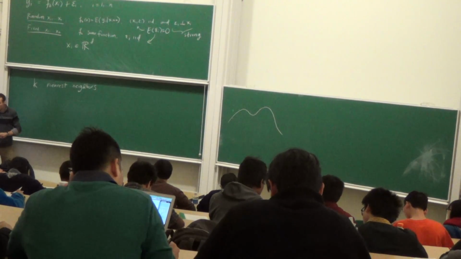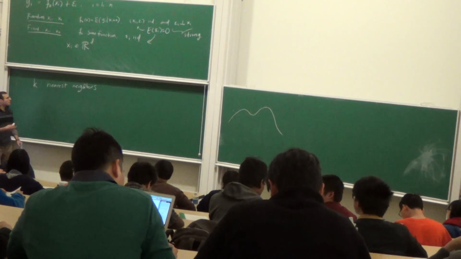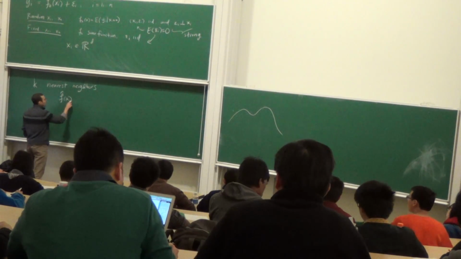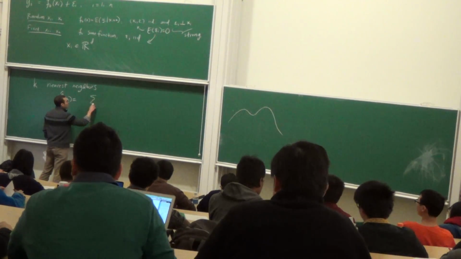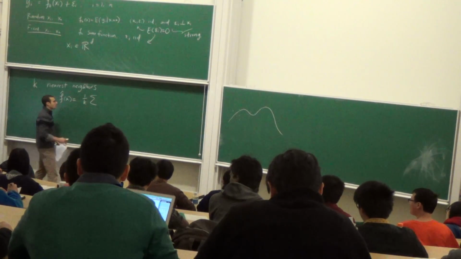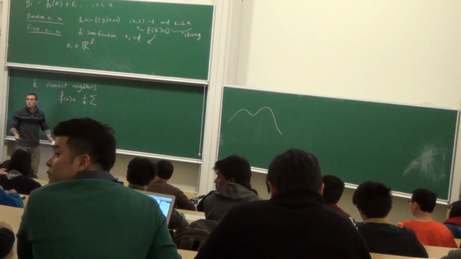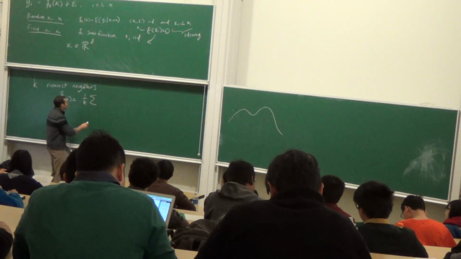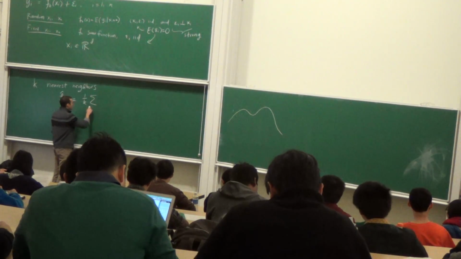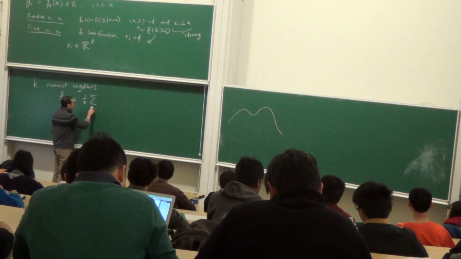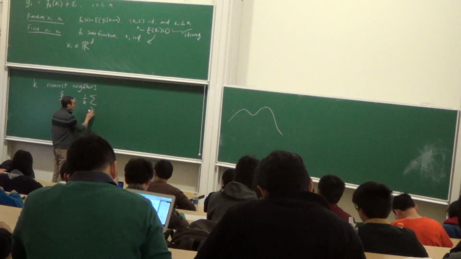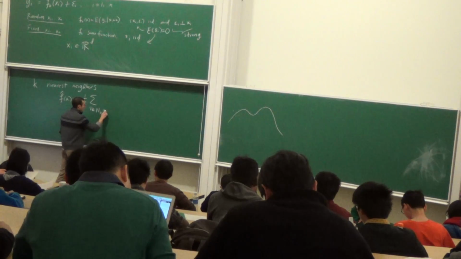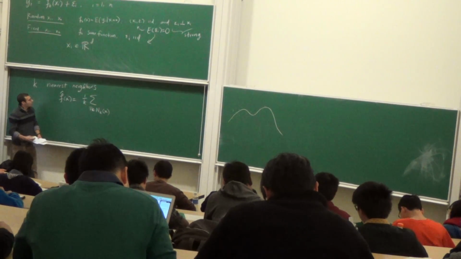The way we construct this estimator, given these x_i and y_i pairs, is that given some value k, the number of neighbors, which has to be bigger than or equal to 1, we average over all points x_i that are among the k-nearest neighbors to x.